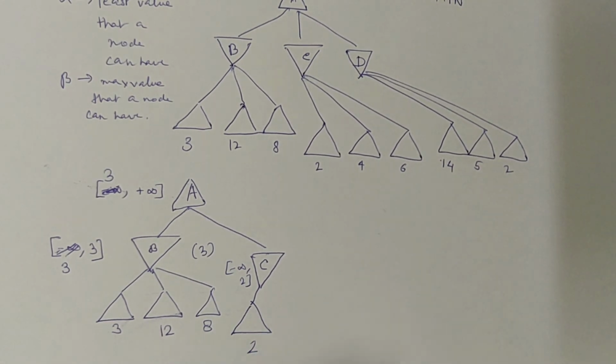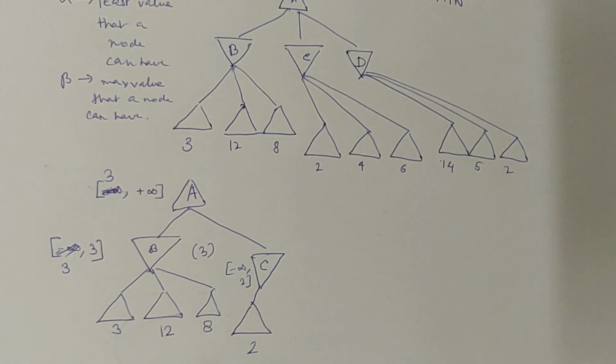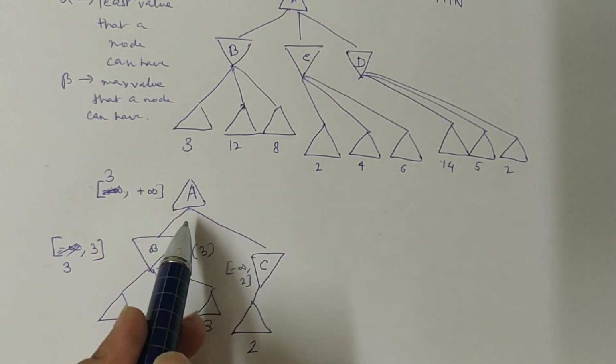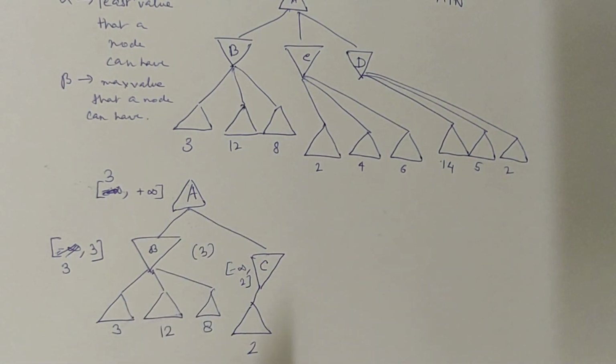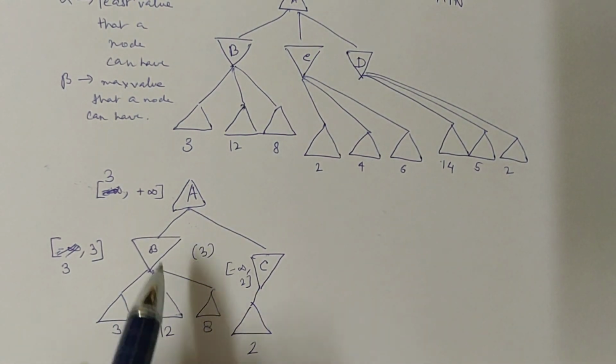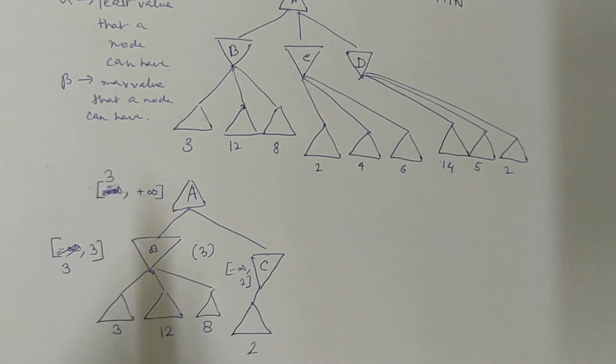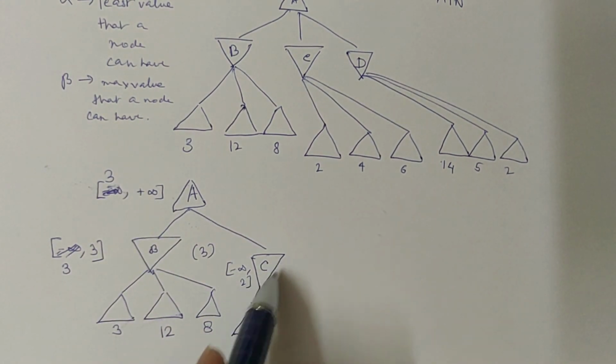C says if I get any node with a value more than 2, I will not give those values to A because that is the property of a minimizer. Under these conditions, what does A think? A thinks I am getting at least a value of 3 from B. Why will I even consider C?